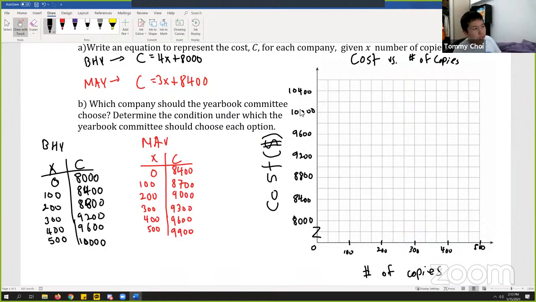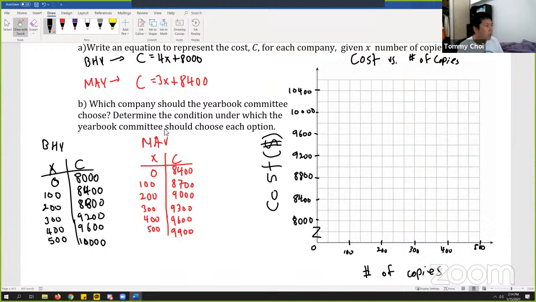I'm just not filling it in to make it a little more clear. But you can see every square is 200. So 8,000, 8,200, 8,400, 600, 800, 9,000, 9,200, 400, 600, 800, 10,000, 10,200, 10,400, and so on.